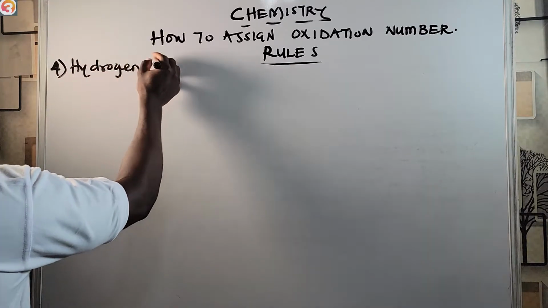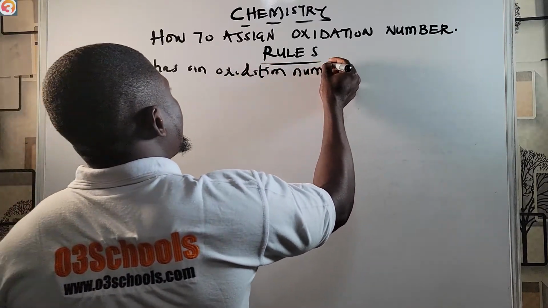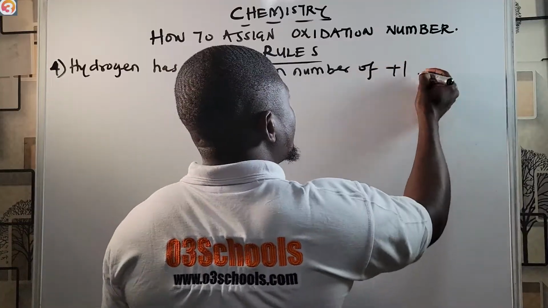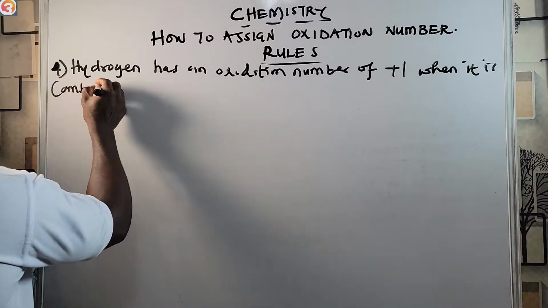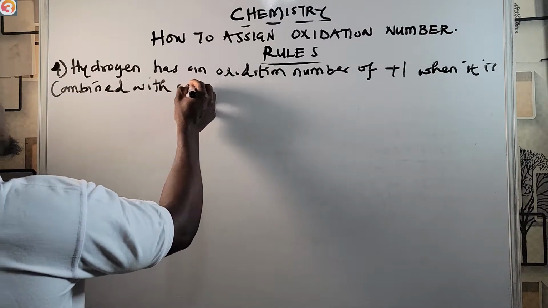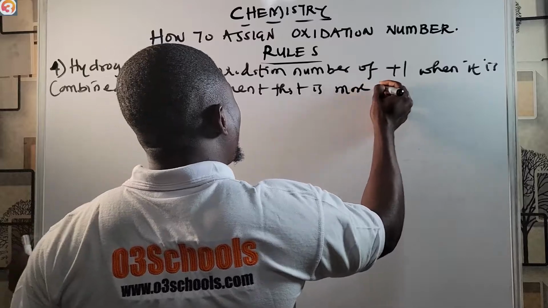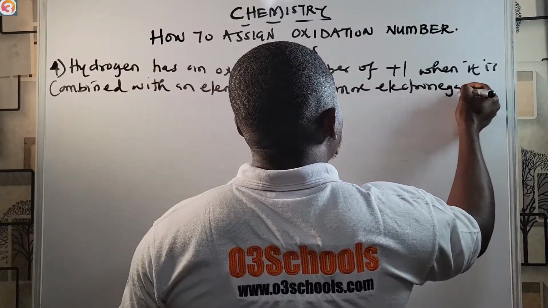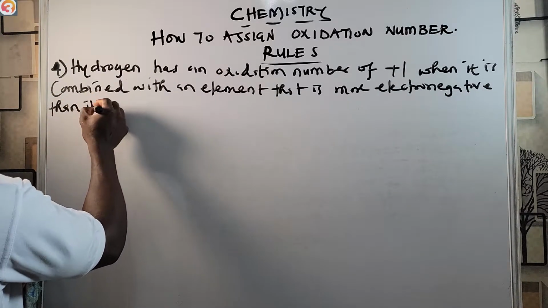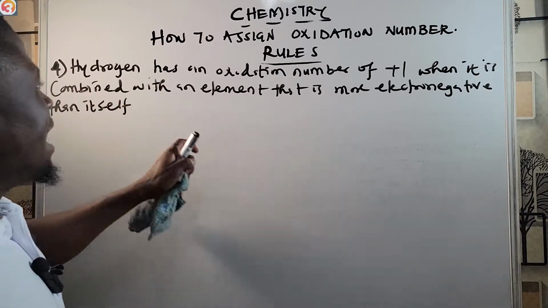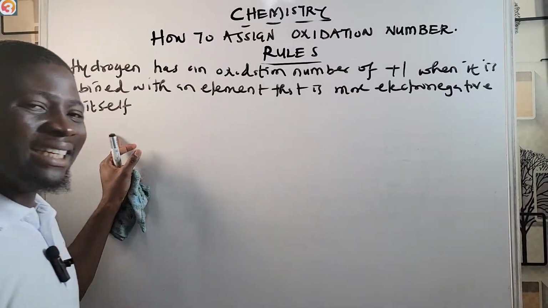Hydrogen has an oxidation number of +1 when it is combined with an element that is more electronegative than itself.